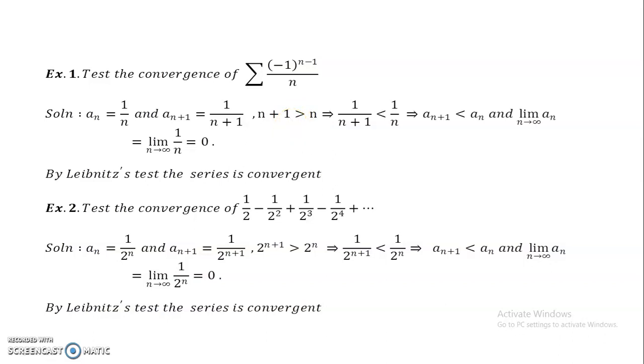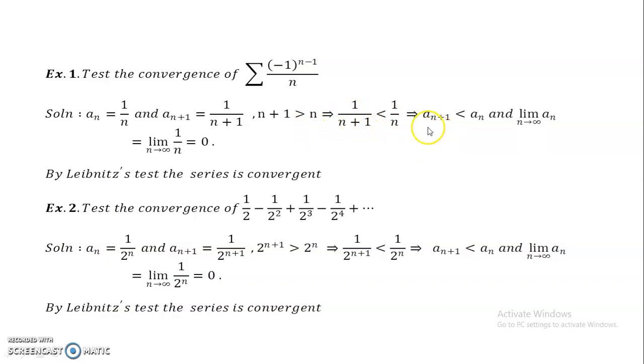I wanted to test the first condition for the Leibniz test in the alternating series. So that's why I am taking n plus 1 greater than n, or inversely, 1 by n plus 1 is less than 1 by n.